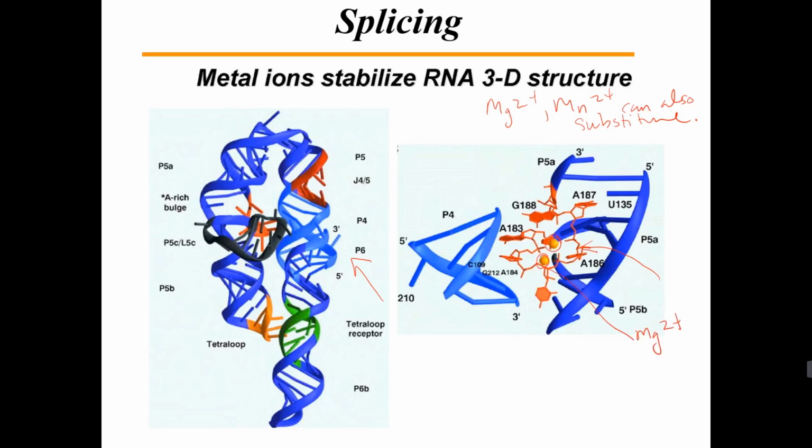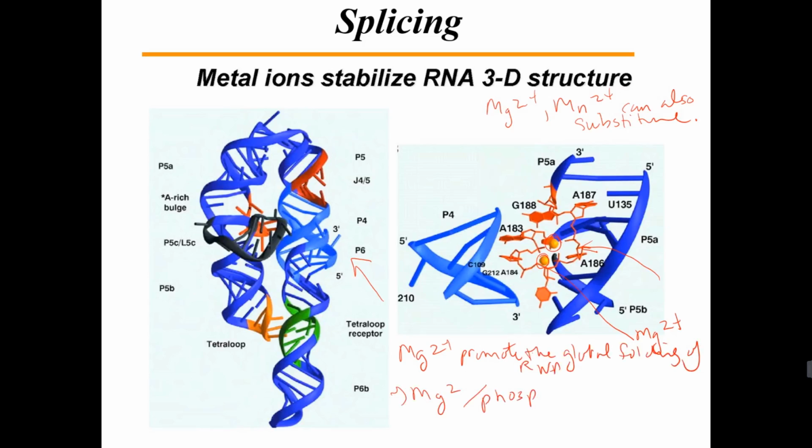And if you remember back, we talked about how magnesium can promote the global folding of RNA, and it does so by coordinating with phosphates.